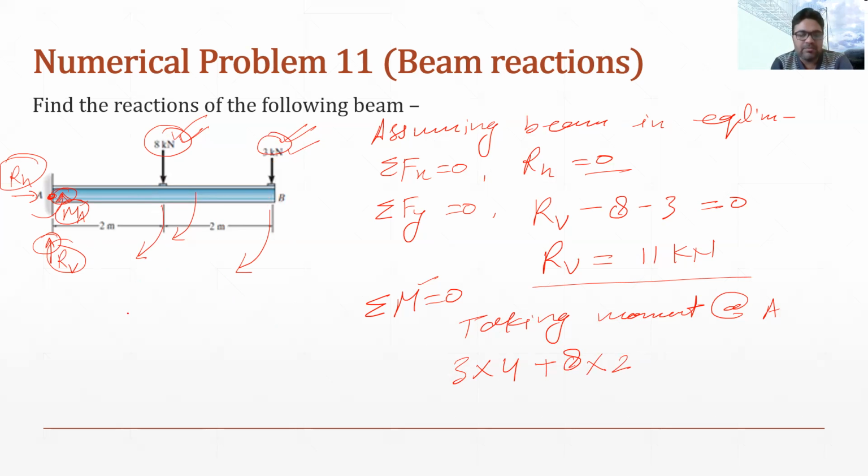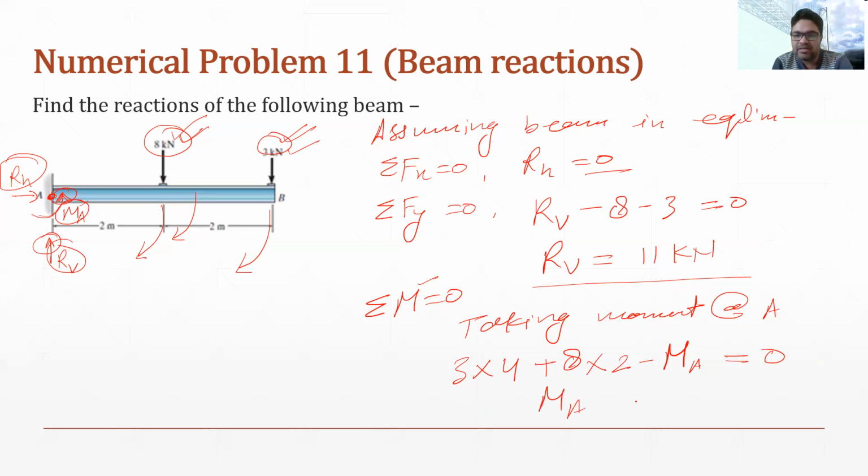Similarly, we have another moment reaction which is acting at point A. You can see moment MA is a moment in itself, and the direction of this moment is anti-clockwise. So I am taking this as minus MA directly, because this is a moment, and that is why I am not multiplying this MA with anything. I write the value of the moment as it is, and then we equate this with 0.